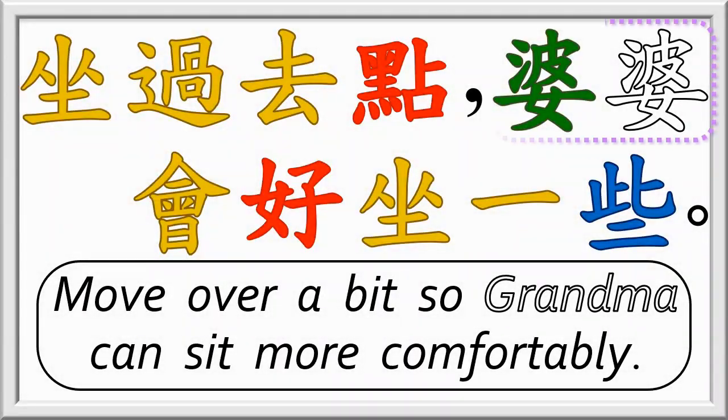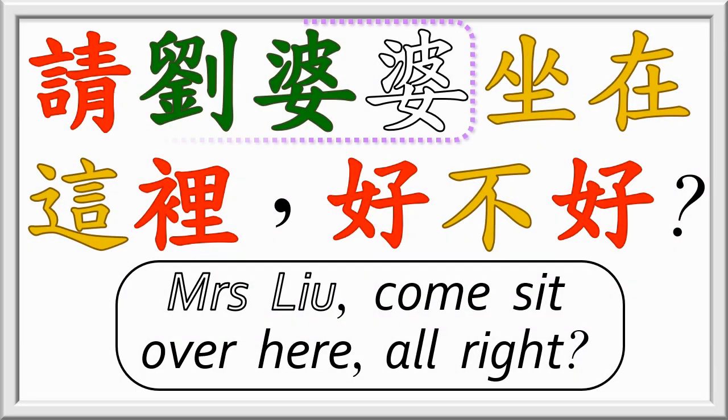坐过去点，婆婆会好坐一些. Move over a bit so grandma can sit more comfortably. This would be the daughter-in-law speaking to her children. 请刘婆婆坐在这里好不好? Mrs. Liu, come sit over here, all right?